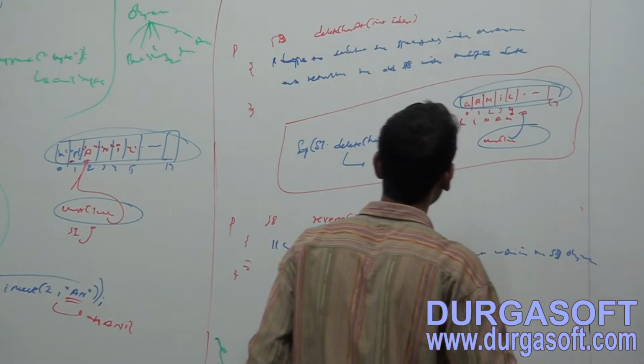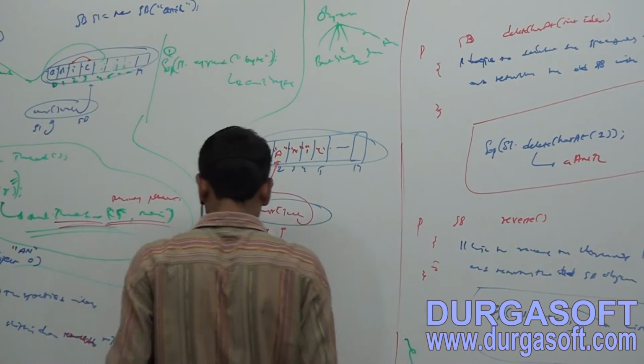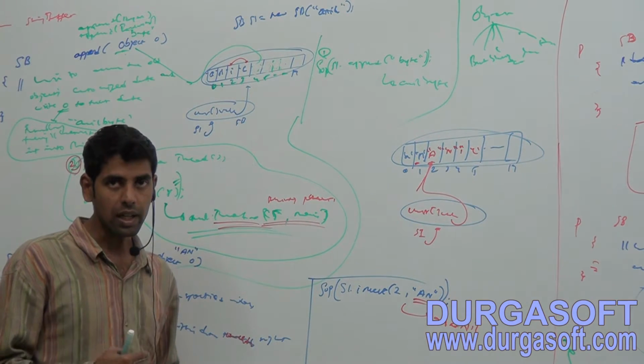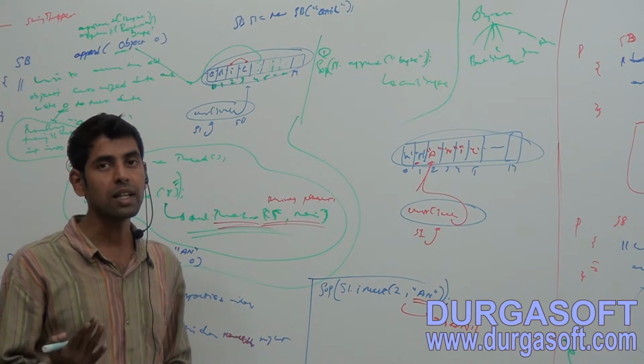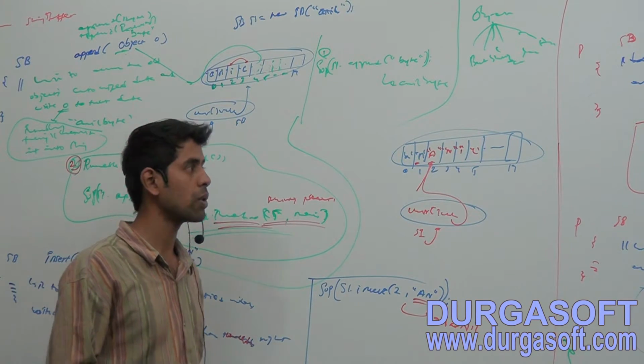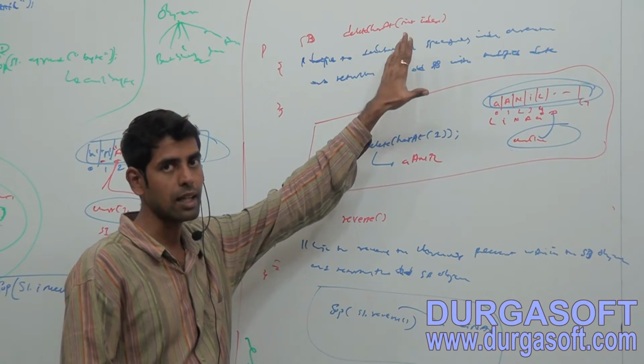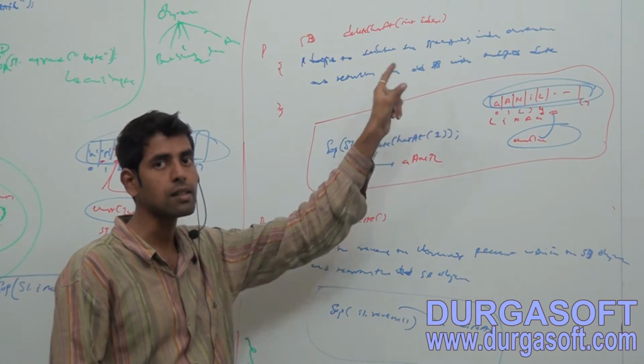If I want to delete a particular index character, I depend upon one method called deleteCharAt, having an argument of int.